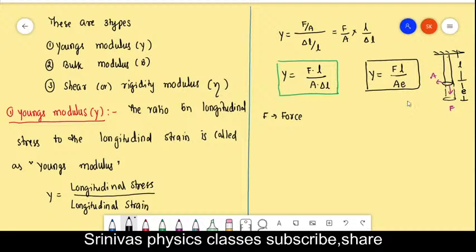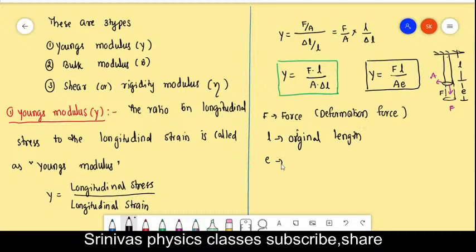What is F? F is the force we are applying to elongate it. This is the deformation force, or the restoring force. L is the original length.